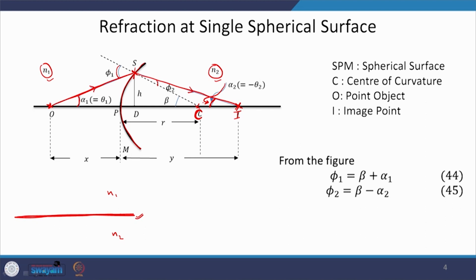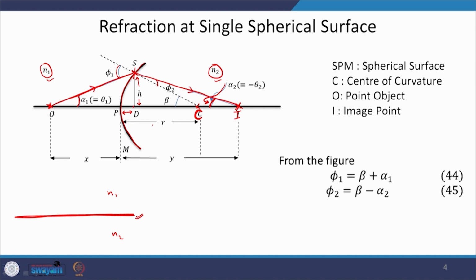Now, the curvature of this curved sphere is such that length PD is very small, and this point S is at a height h from this point D. Now, since C is the center of curvature, the distance from P to C would be R, which is your radius of curvature.